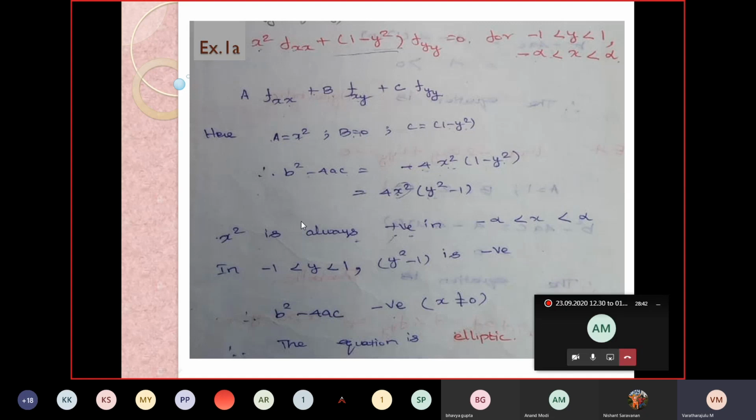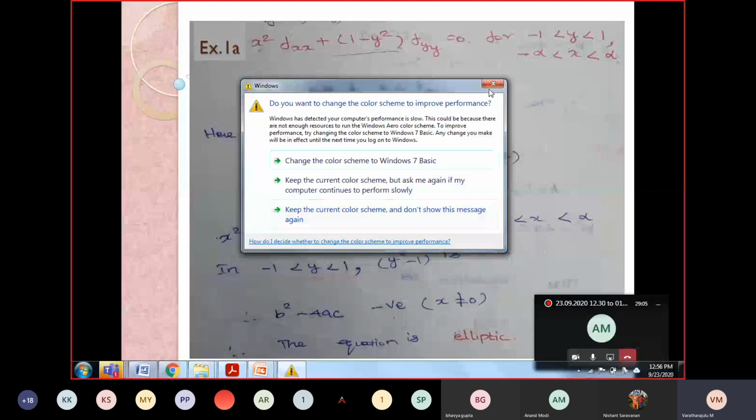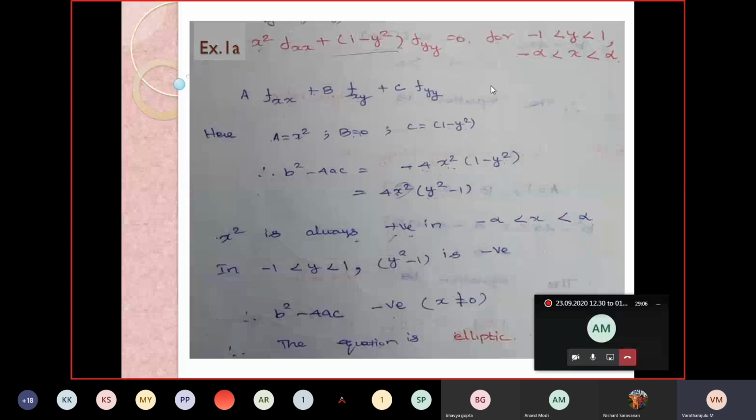Now consider the given boundary. x square is always positive, whether x ranges from minus infinity to infinity, because we have power 2, therefore it is always positive. But in the case of y, when it changes from minus 1 to 1, what happens? Assume we are applying 0.5 or minus 0.5.